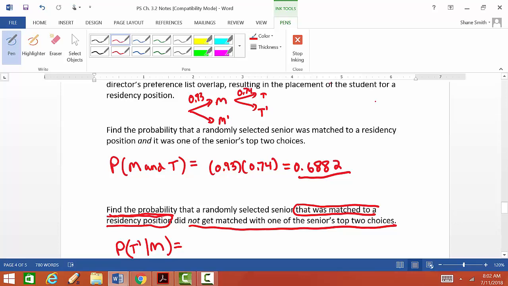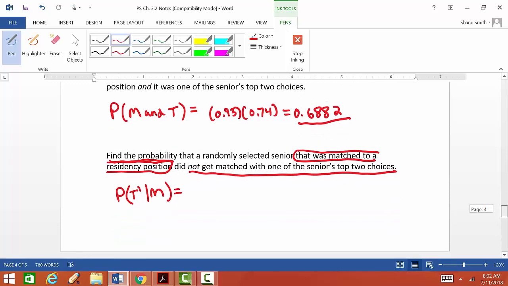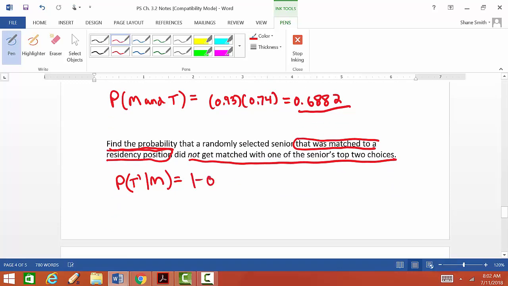We already know they were matched. So if we already know they were matched, what's the probability they did not get one of their top 2 choices? Well, that's this down here. It's going to be 0.26, which came from 1 minus 0.74. Because you either get a top 2 choice or you don't. So whatever's left over from 0.74, 1 minus 0.74, is the 0.26. That's how we do those.